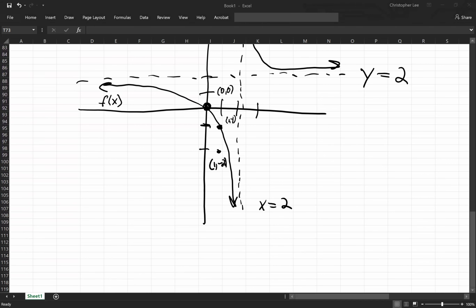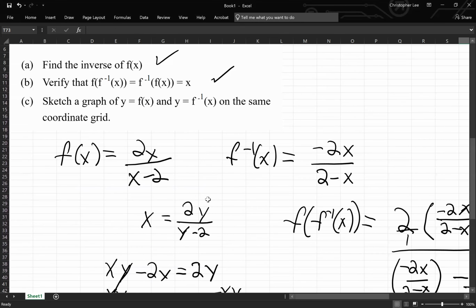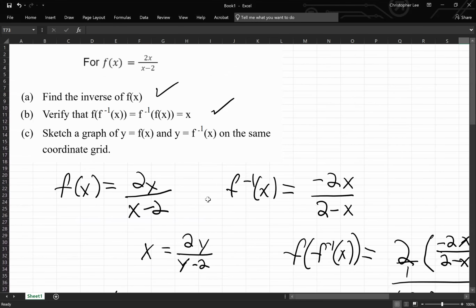So what I would do, play with your table of values to verify what you have when you see this type of question. Right? Plug in the numbers. Remember all your information, right? You want to look at your vertical asymptotes, horizontal asymptotes, right? We want to look at our end behaviors if possible, right? 2x over x minus 2.